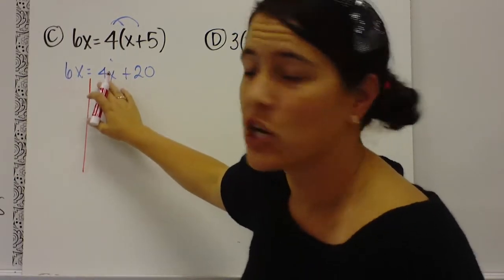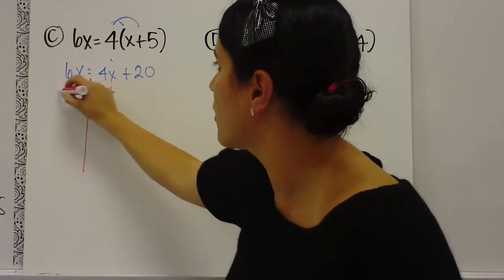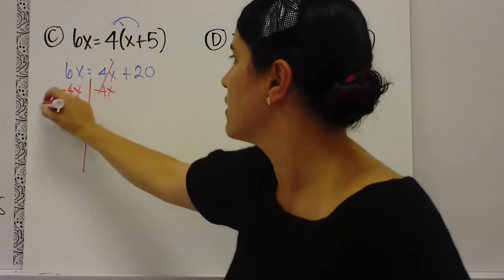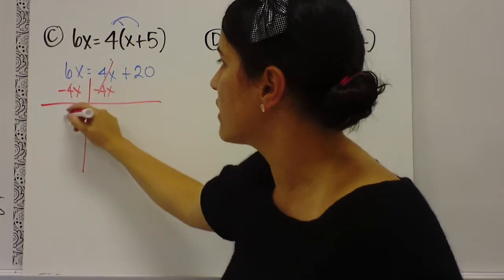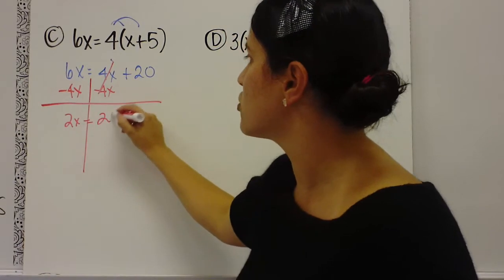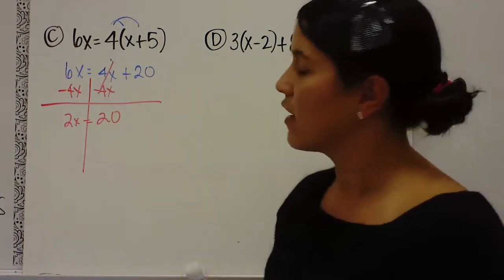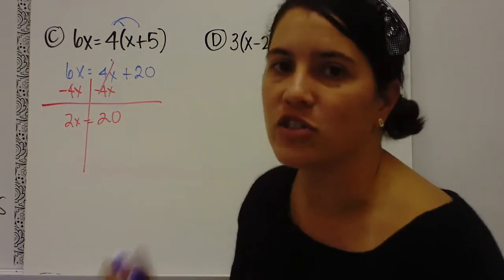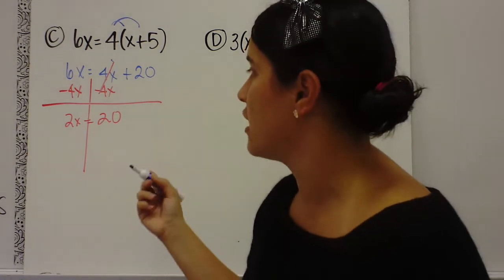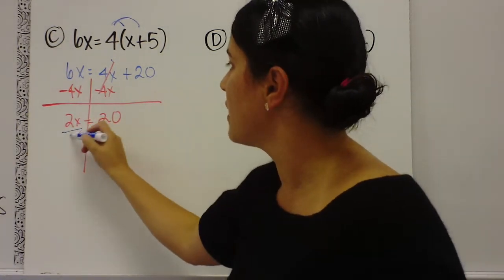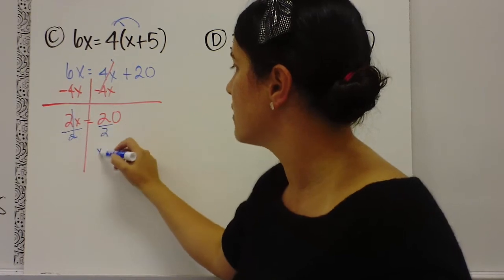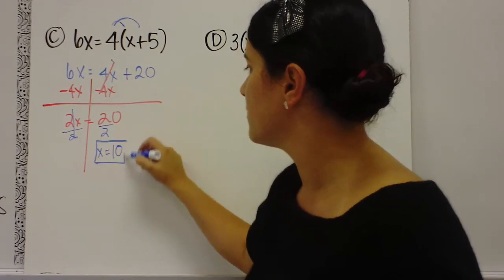This is a positive term, so I'm going to subtract 4x on both sides. 6x minus 4x is 2x equals 20. 2x equals 20, so that means 2 times what is going to equal 20. Divide by 2 on both sides, and x equals 10.